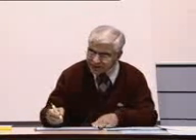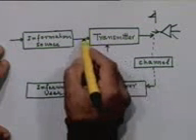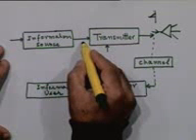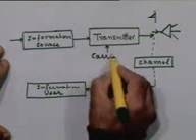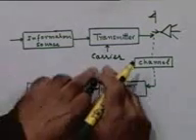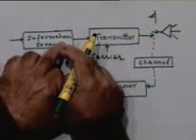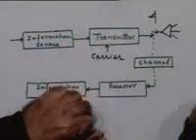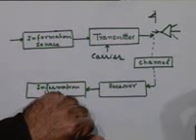So typically a transmitter would require as another input to it, in addition to the signal, another signal which we call the carrier. The job of the carrier is, as I mentioned earlier, to carry the information signal along with it.